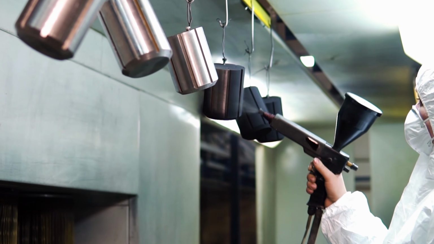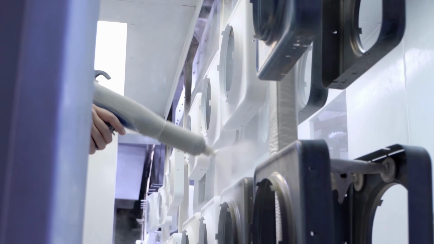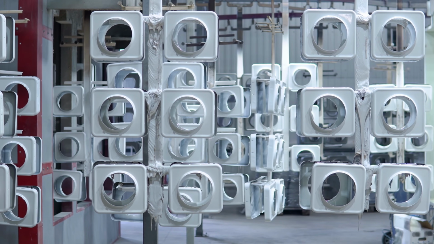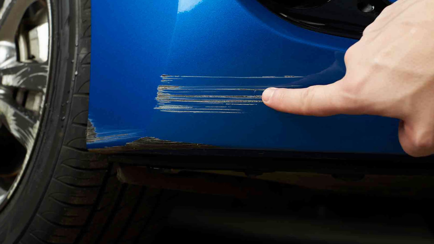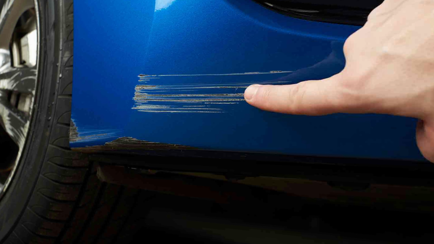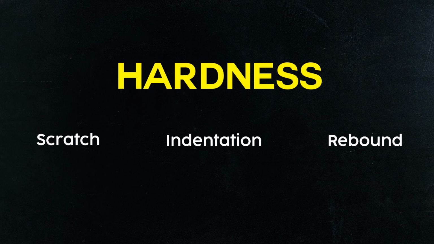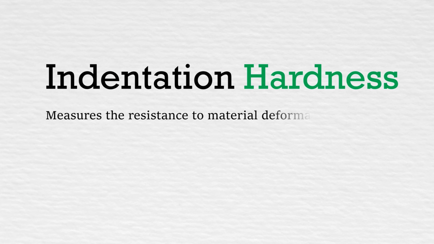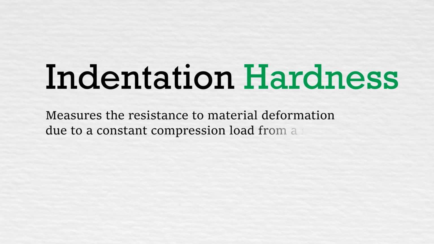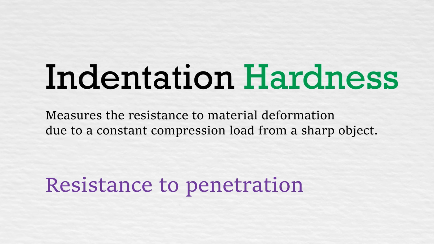So scratch hardness measurement is very useful in the coating and surface treatment industry to ensure the hardness of the coatings and surface treatments. But for general engineering purposes, we usually measure indentation hardness. Indentation hardness measures the resistance of a material to deform due to a constant compression load from a sharp object, meaning resistance to penetration.